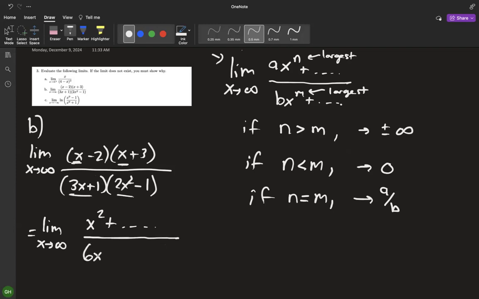That's going to give me 6x cubed plus smaller things that I don't really care about. Again, there's nothing wrong with doing the whole factor process, the whole foiling, but this is all that's necessary because these are going to be the biggest powers of x. And we see that it's smaller on top than on the bottom, so this limit is 0.